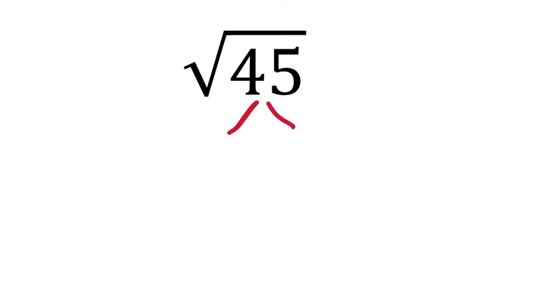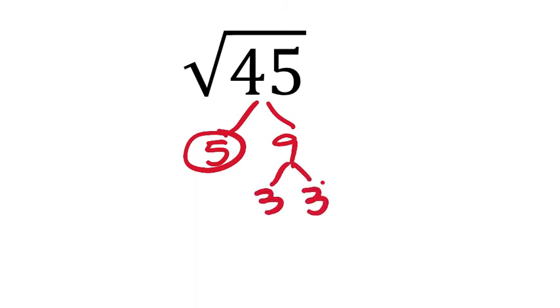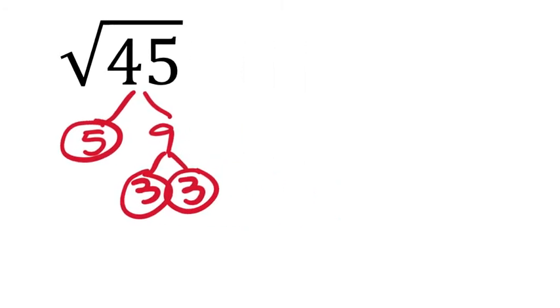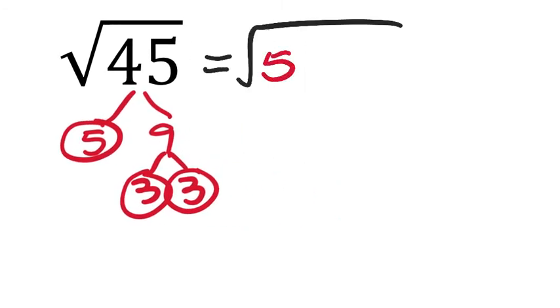Okay, so if you want a prime factorization on this, you could say 5 and 9, like this. 5 is prime, and then 9 would split up into 3 and 3. Which means, again, this would be the square root of 5 times 3 times 3. Again, I didn't change the value of the expression.